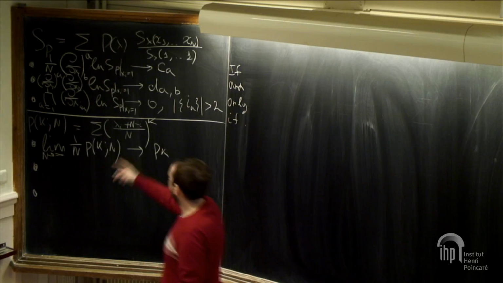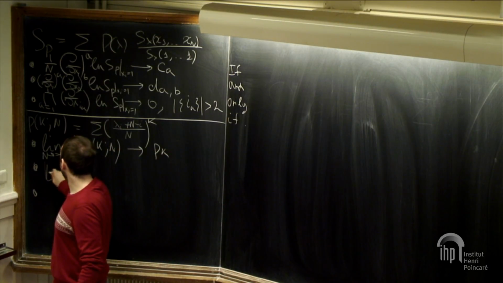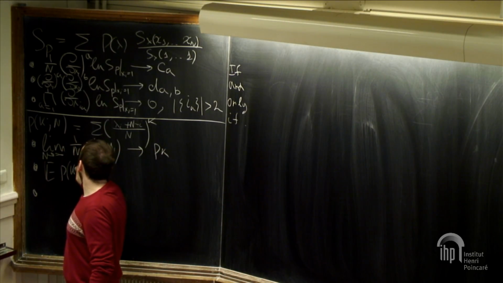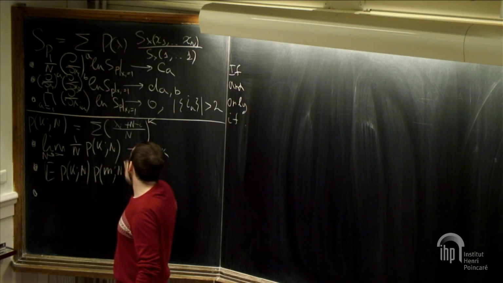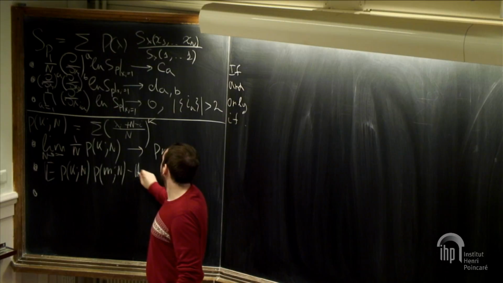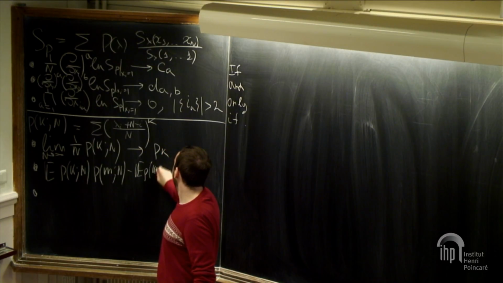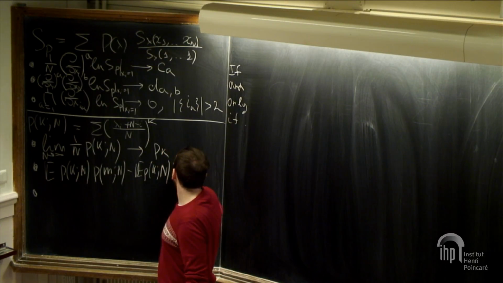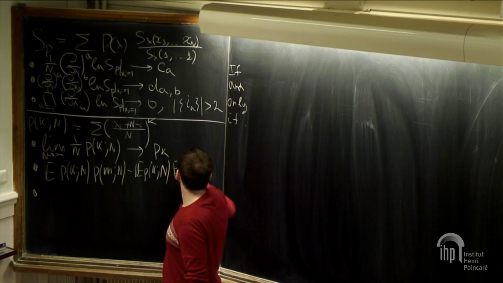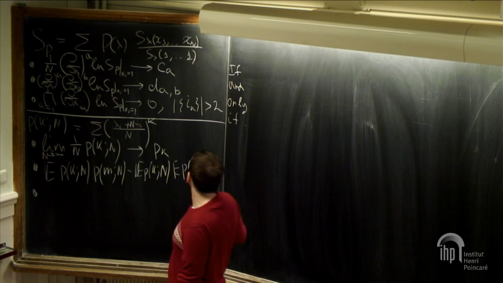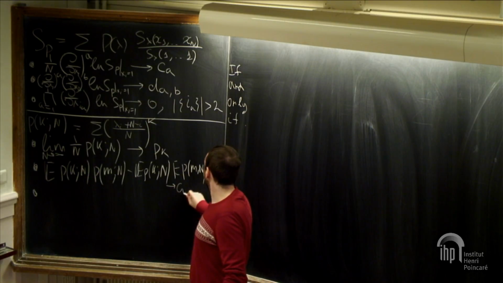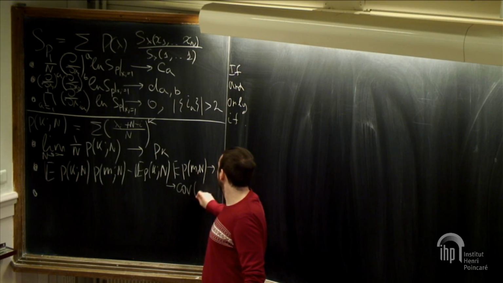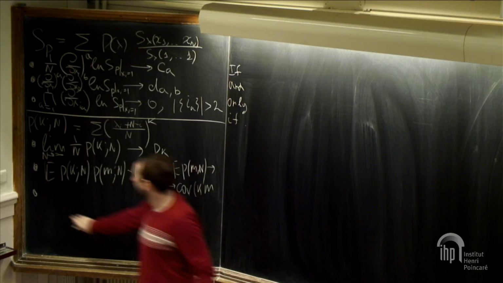Then the covariance of these, that is expectation of pkn pmn minus expectation pkn times expectation pmn, was convergent to some other set of numbers. Let's call them covariance of k and m.